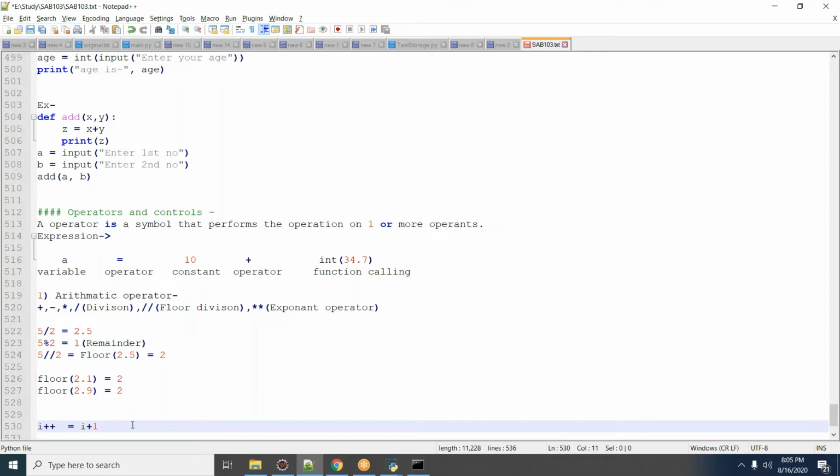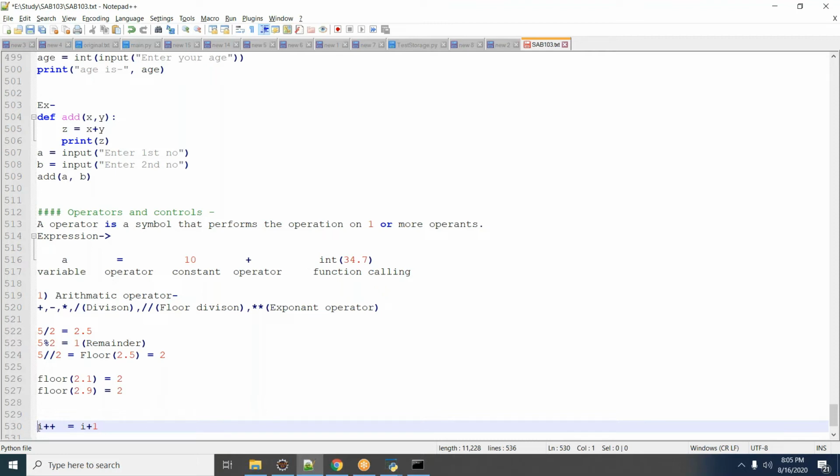Python is created in such a way that even a person who can read English should understand it. For that kind of person, i plus plus may be difficult to understand as adding only one. That's why they removed the plus plus and minus minus concept from Python. If you want to increment, you need to write i plus 1.